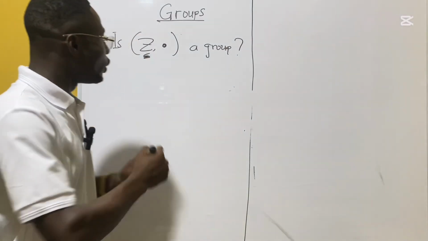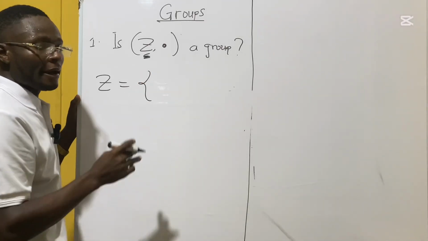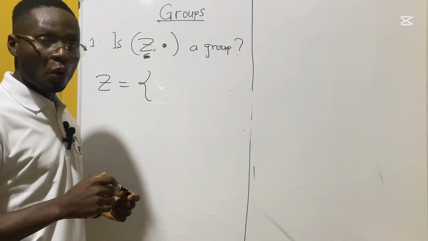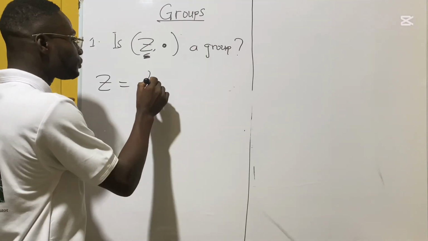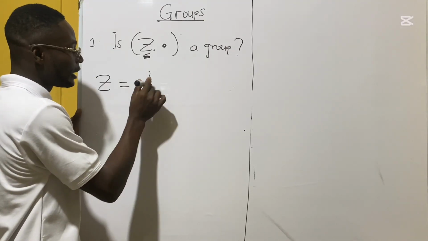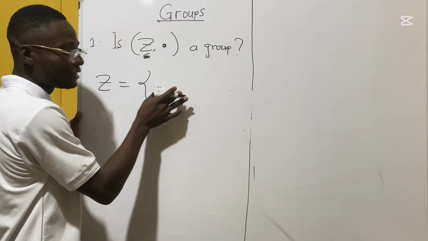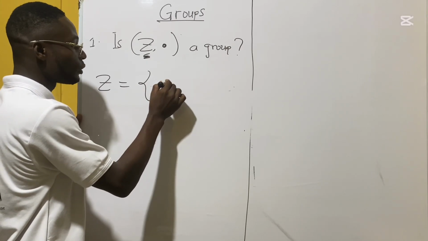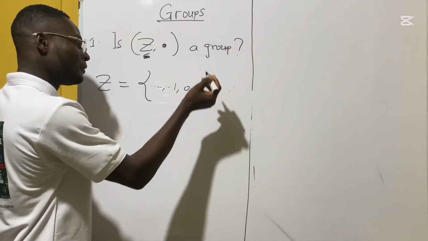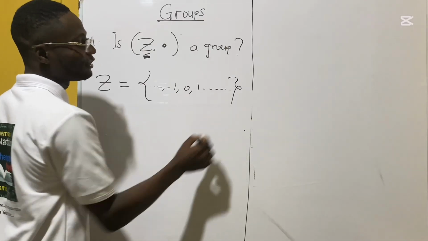So we start from negative infinity, whole numbers: negative 1, 0, 1, and so on to infinity.